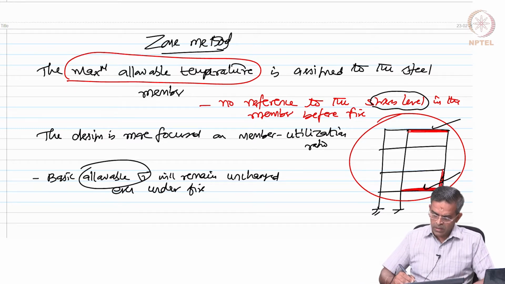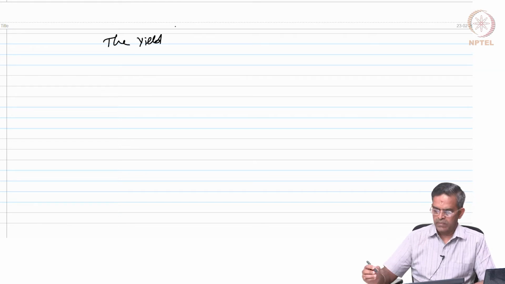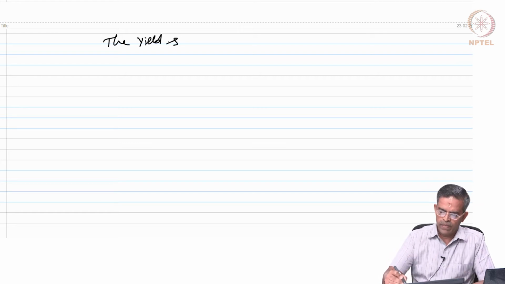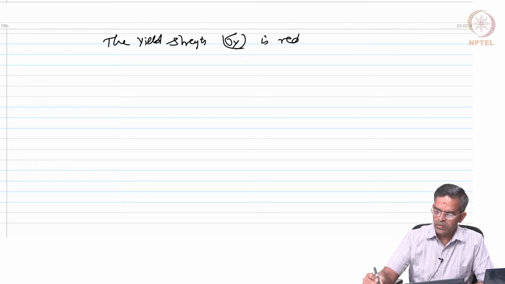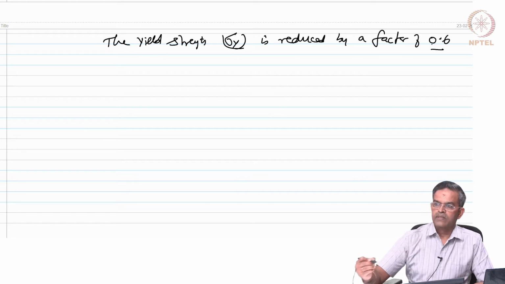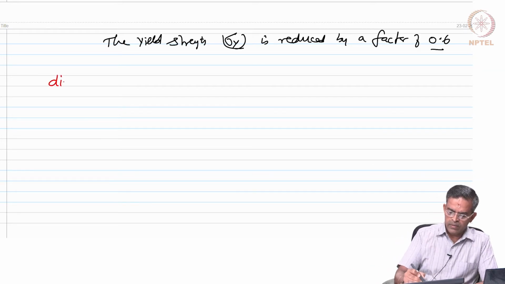Okay. In this method, the yield strength sigma y is reduced by a factor of 0.6. Now, there are disadvantages of this method.